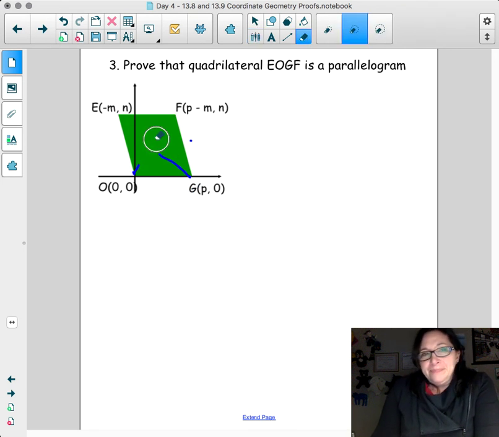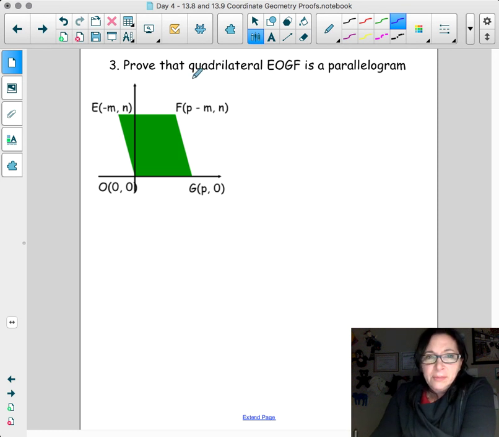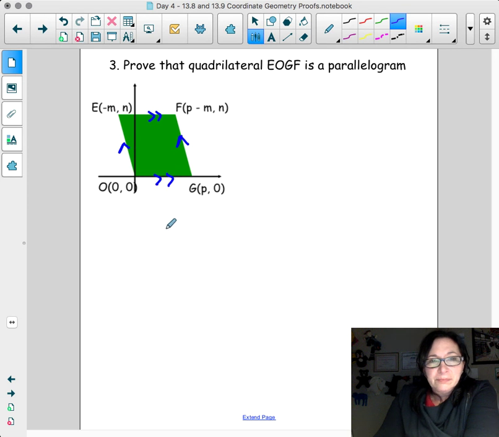So I'm going to do a little variety. I'm going to prove that this quadrilateral is a parallelogram. I'm going to just say this is parallel to this, and this is parallel to this.